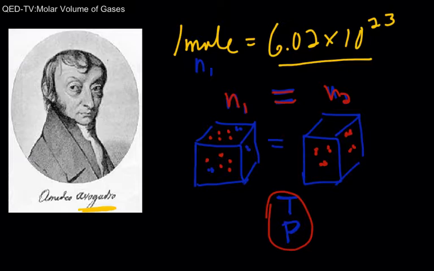Now we take that a little bit farther, a little bit later, and we start thinking, okay, under what temperature and pressure conditions will I have 1 mole in a box, and what will that volume be?